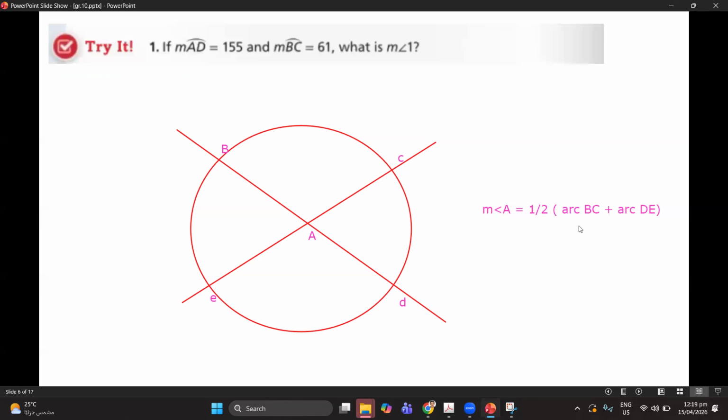So this is the first formula in our lesson: the measure of any angle formed by intersecting two secants is half the measure of the arc BC plus the measure of the arc DE.